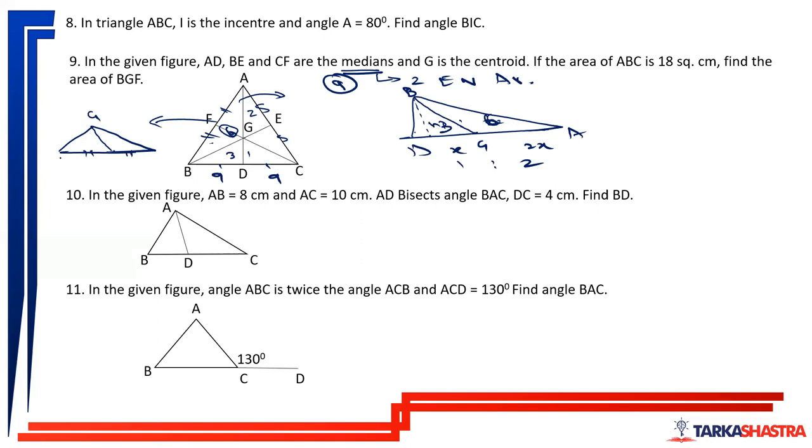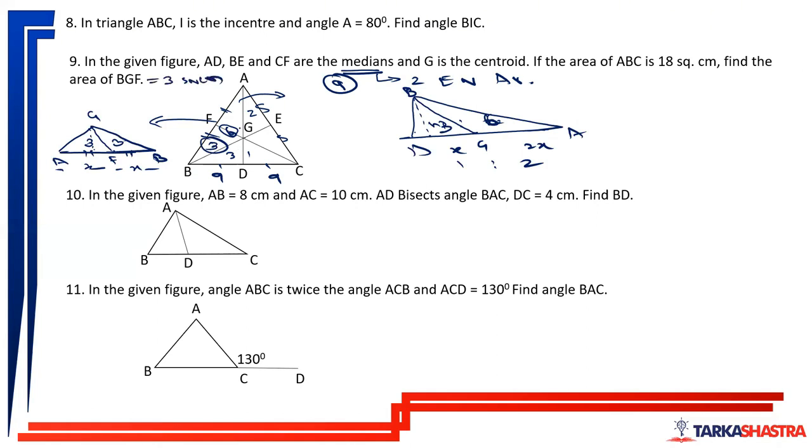This is G, this is A, this is B. Both these triangles have the same height and their bases are also the same, because F is the midpoint. So their areas will be equal. Total was 6, so this is 3, this is 3. So BGF is 3. Area of triangle BGF is 3 square centimeter.